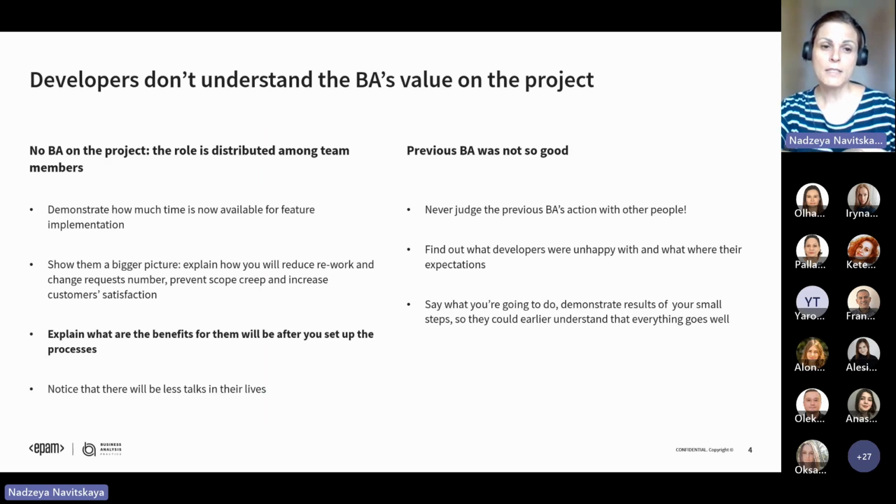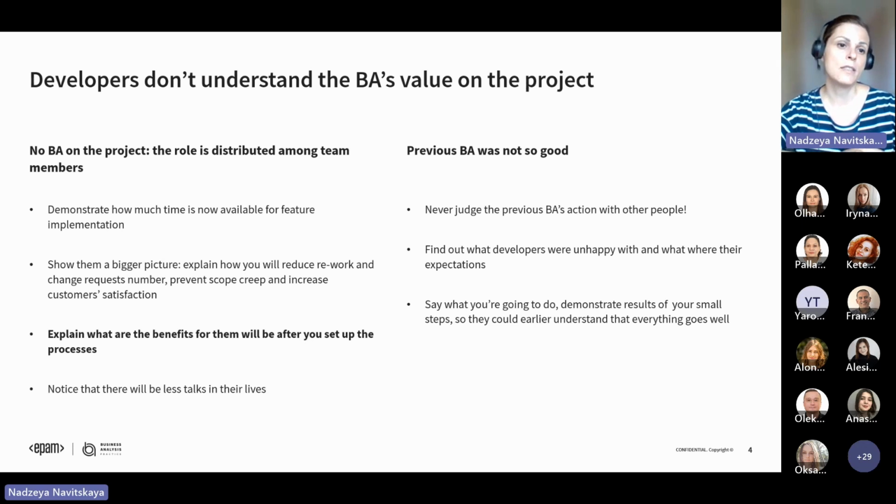The first case I would like to share with you today is probably the most common case business analysts can face: developers don't understand what the value of the business analyst on the project is. On the slide, you can see 2 columns because there can be 2 reasons why developers don't value it.